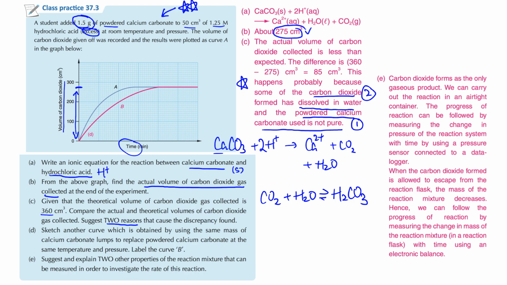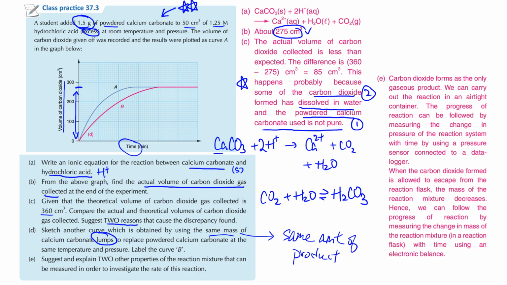Part D, sketch another curve which is obtained by using the same amount of calcium carbonate lumps this time. It's not using powdered, and we know that same mass means same amount of products. But this time we are using lumps.